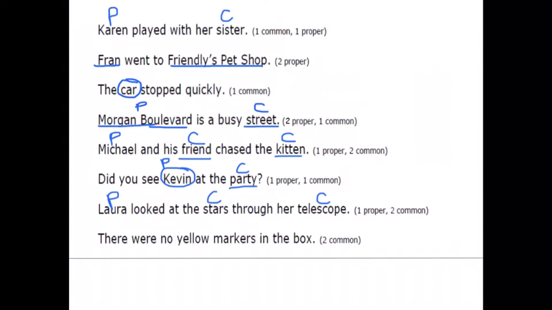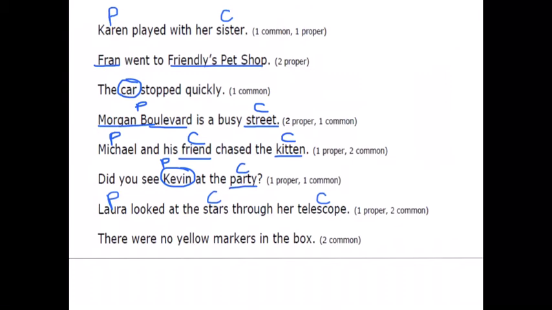Next question. Michael and his friend chased the kitten. One proper noun, which is Michael, and two common nouns, friend and kitten. Next one. Did you see Kevin at the party? One proper noun, which is Kevin, and one common noun, which is party. Second last one.